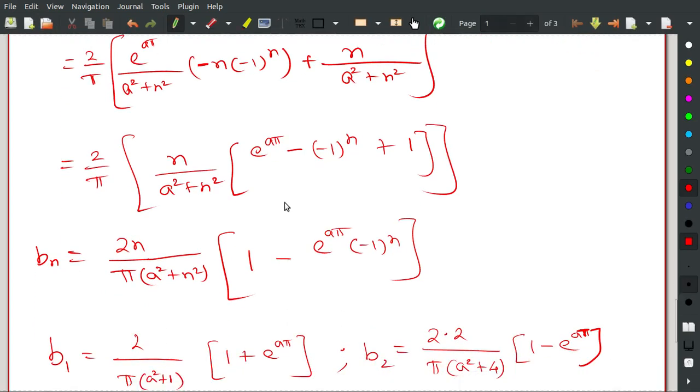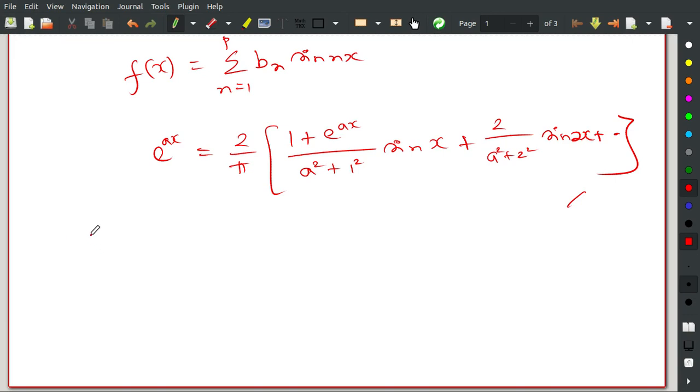Okay, so next we can see change of intervals. This is when they give a function and ask to find the Fourier series of a function f of x, and they give the range as from minus c less than or equal to x less than or equal to c.